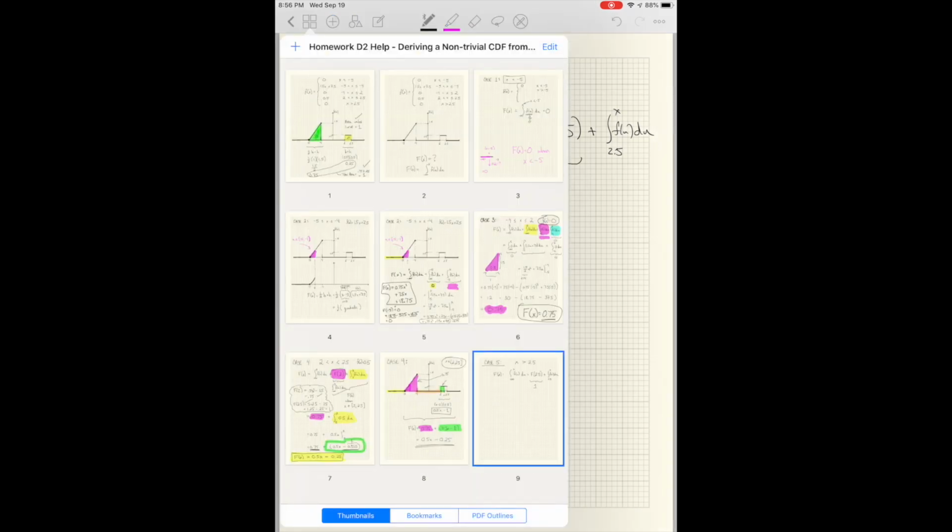So case 5 and our final case for this problem, when x is greater than 2.5, we know that f of x, again, is the integral from negative infinity to x of f of u du, which is going to be equal to f of the bottom part of this, 2.5, plus the integral from 2.5 to x of f of u du. And we know that this part is equal to 1 just by going to the previous page.